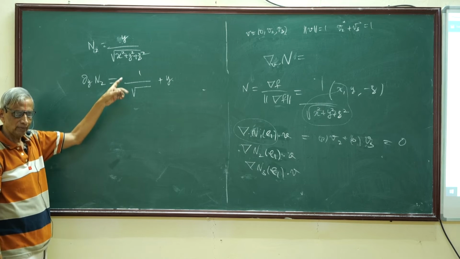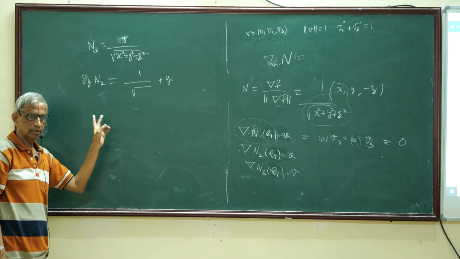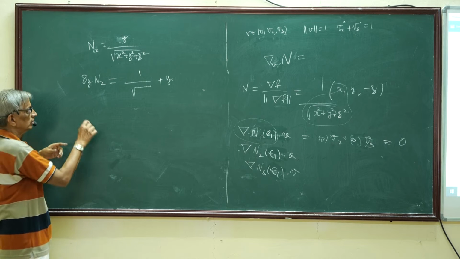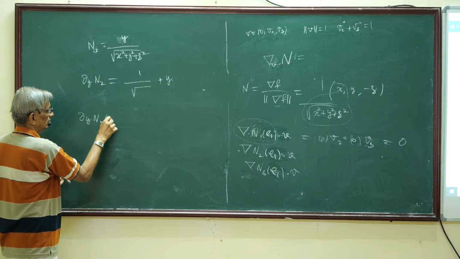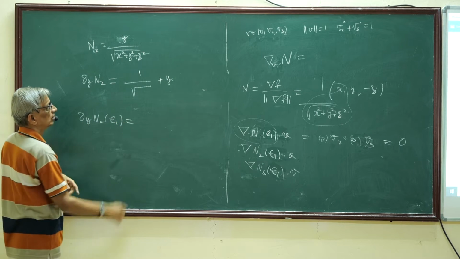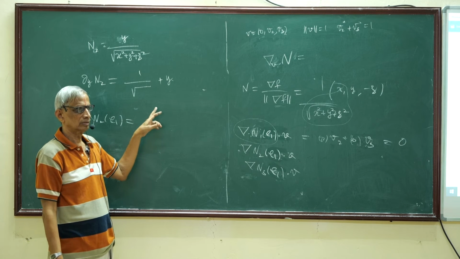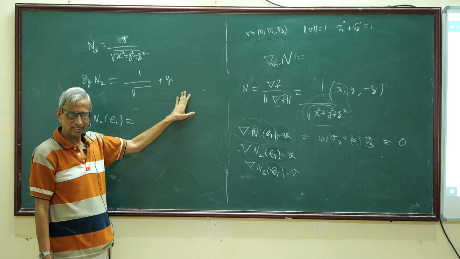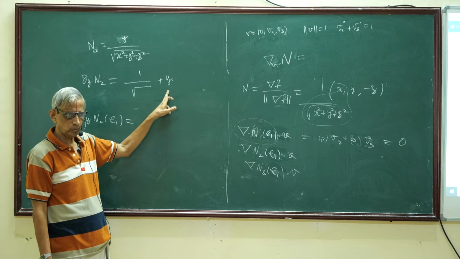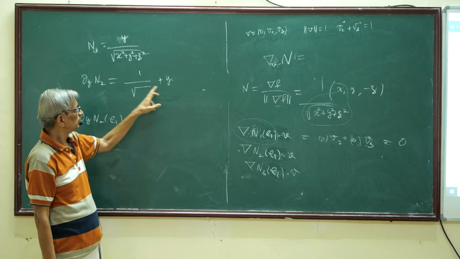But everything again evaluated at E1. So this will go off, right? This will be 0 because y is there. But this will be 1.